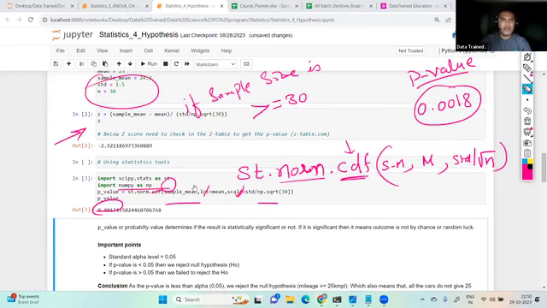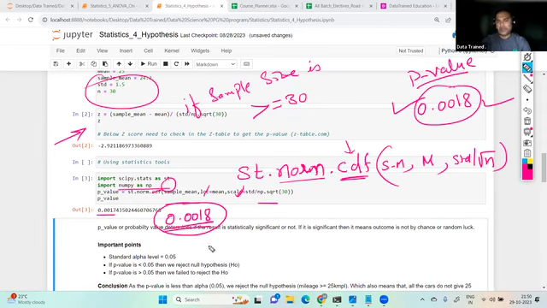So it is giving exactly the same, right? If you round this off, you'll get 0.0018. So this is what we got using a table, and through statistics also we got the same number. What is this?